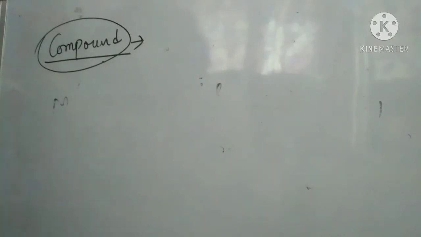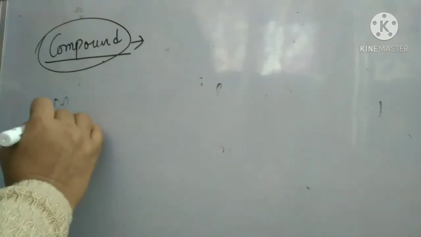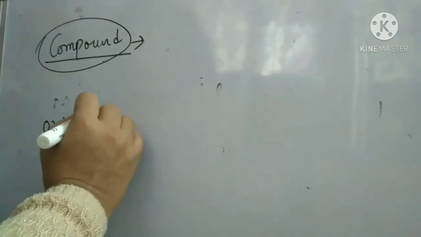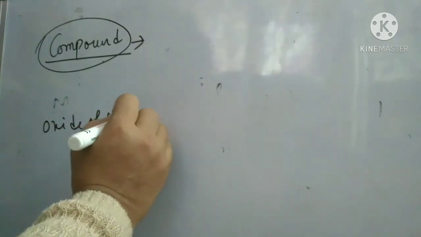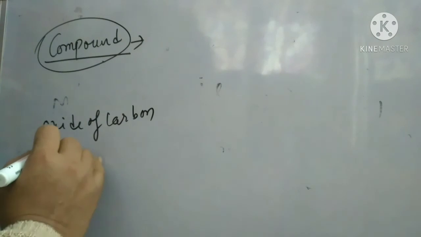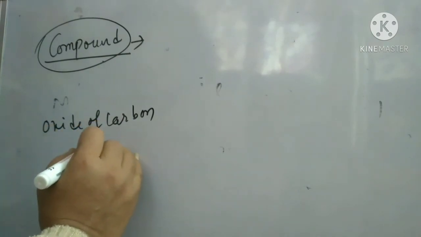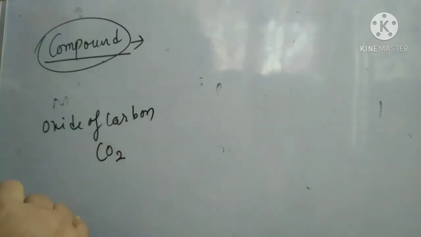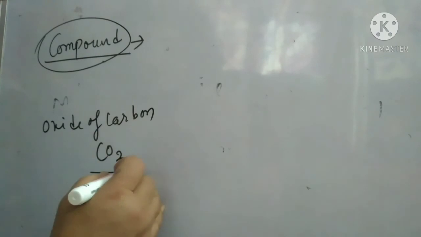Now, for example, oxide of carbon, CO2. So the name will be carbon dioxide. Two atoms of oxygen it is containing.